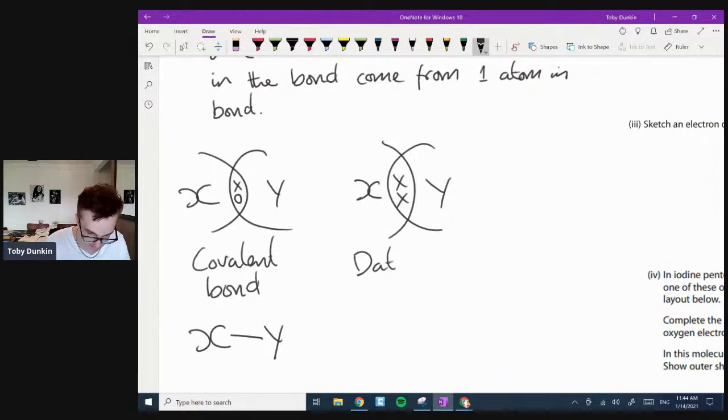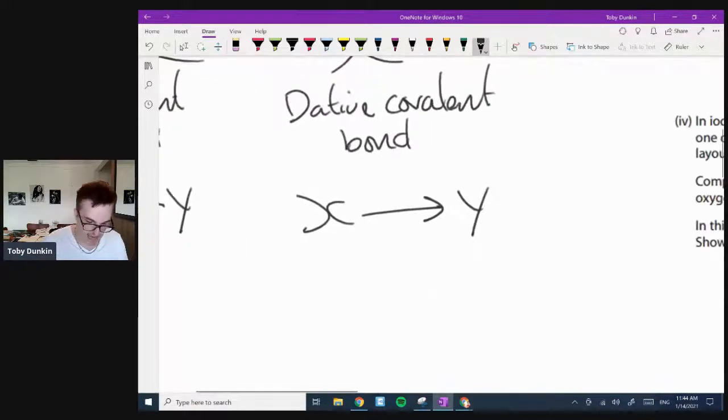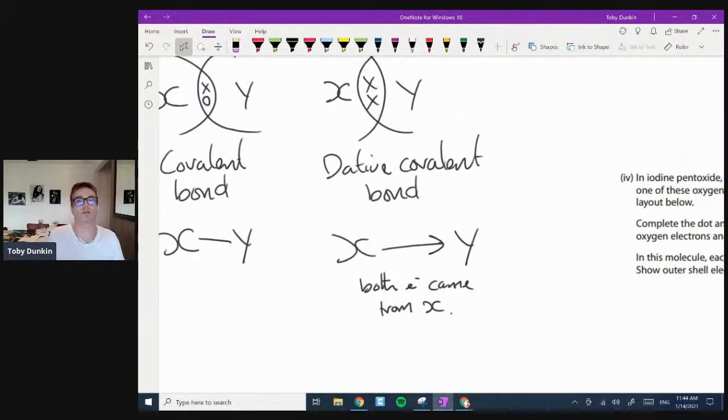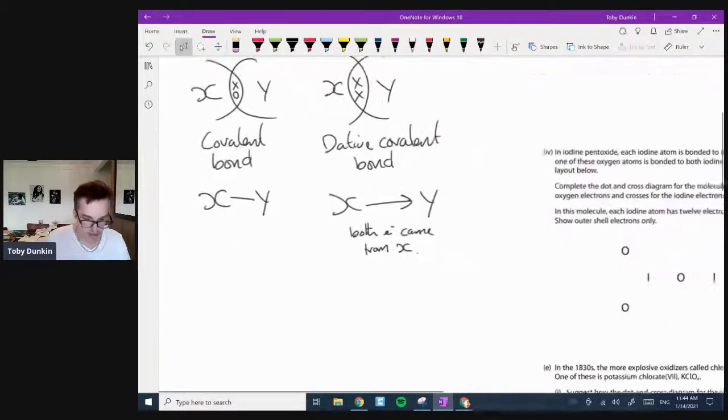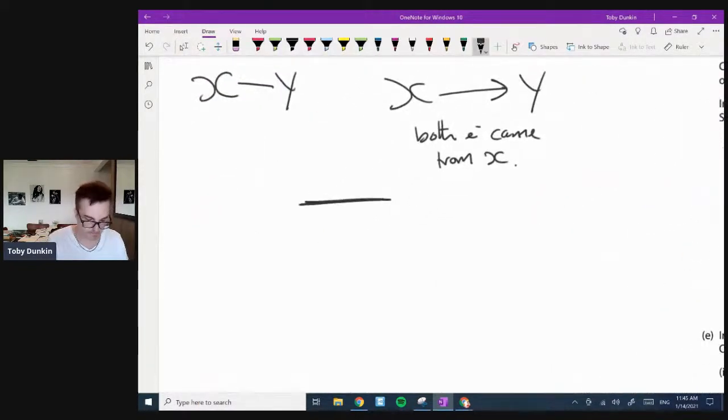So this is a dative covalent bond, and as a stick diagram it's represented like this, because what this arrow says is that both electrons came from X. Essentially the arrow is saying where the electrons have gone to. Okay, so now we need to show some examples of these.